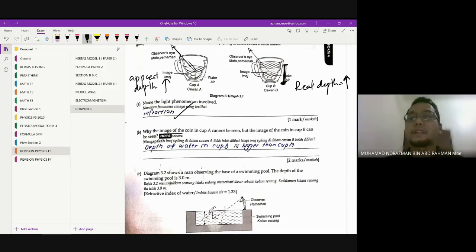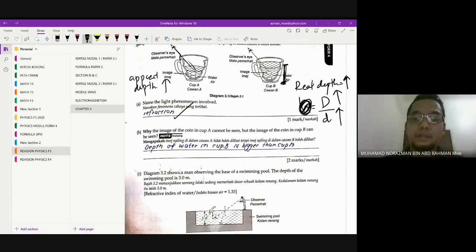Okay, so when the real depth increase, n is equal to real depth over apparent depth. So refractive index of water stay constant. Okay, when real depth increase, apparent depth also increase.